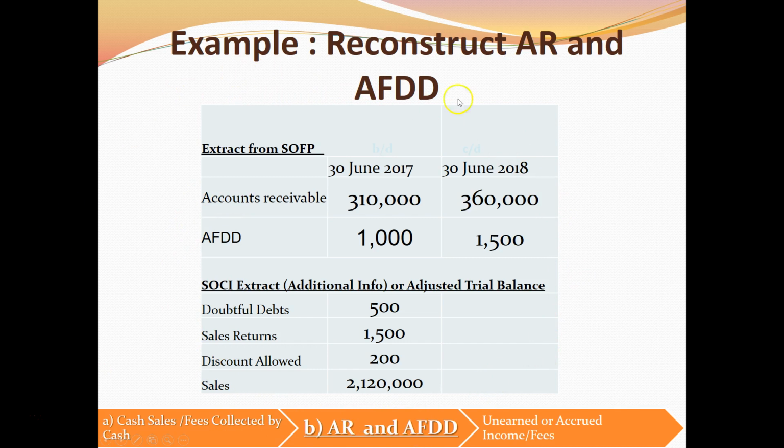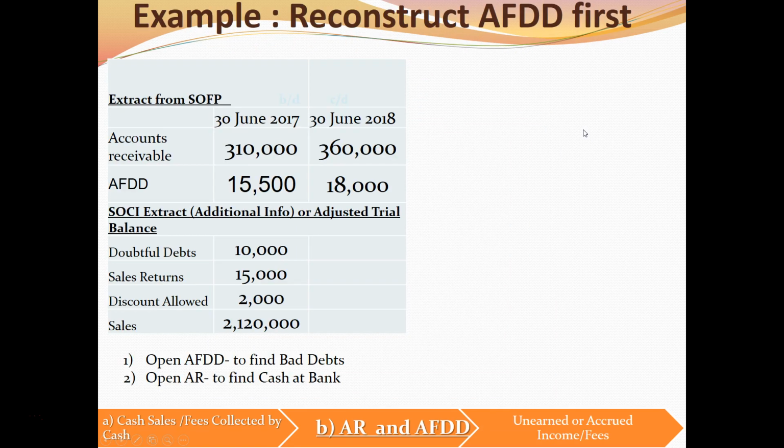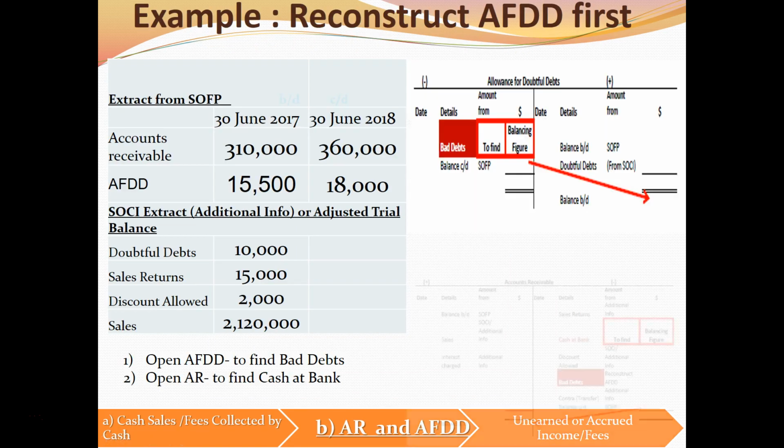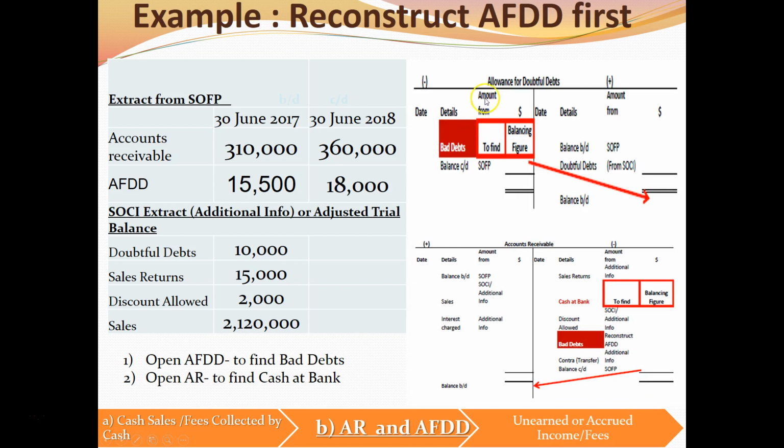So I want you guys to take a minute or 3 minutes, using the information here to do 2 things. So what 2 things are we trying to do here? First, students, take out a piece of paper and using this information from SOFP as well as the extract from SOCI, reconstruct your allowance for doubtful debts to find your bad debts first.